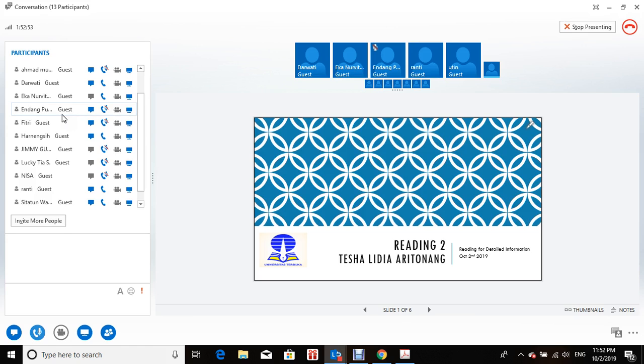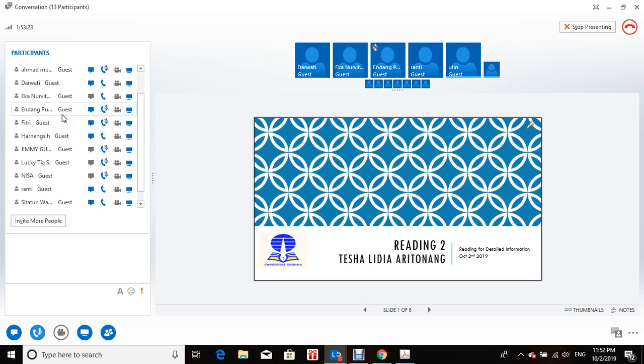So yeah, that's how we do reading for detailed information. And then what should we be concerned about when we want to search for detailed information?